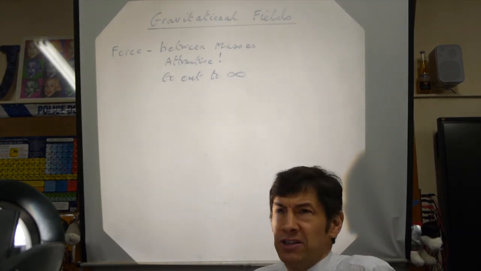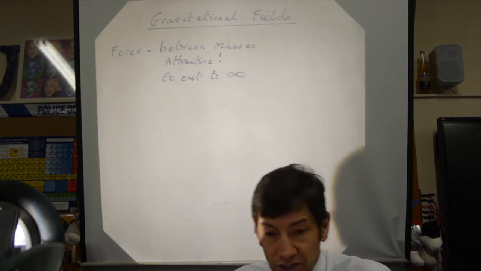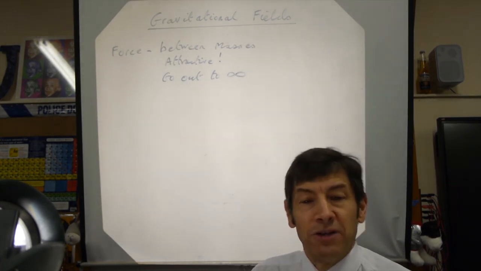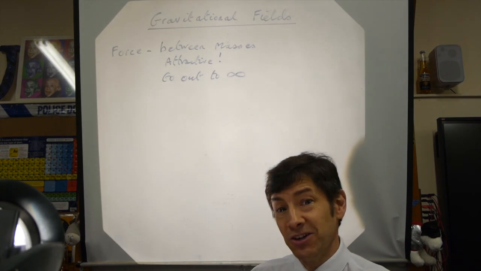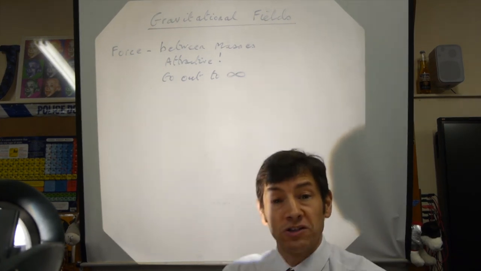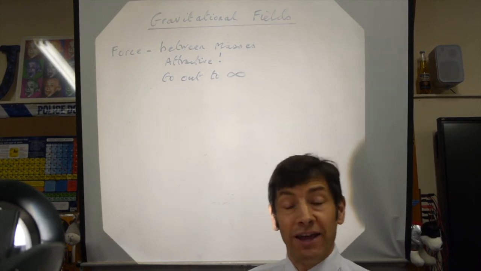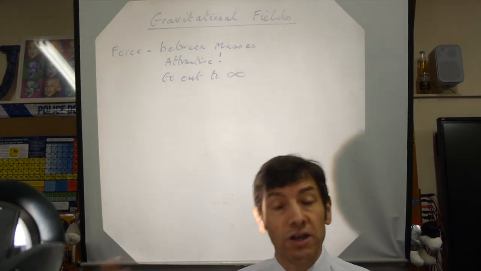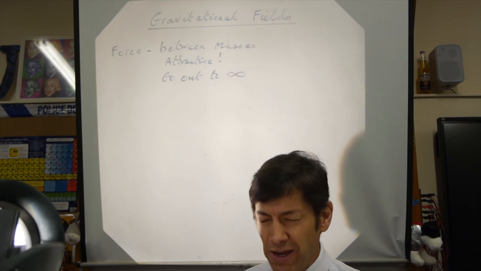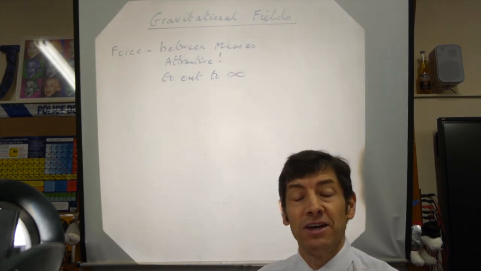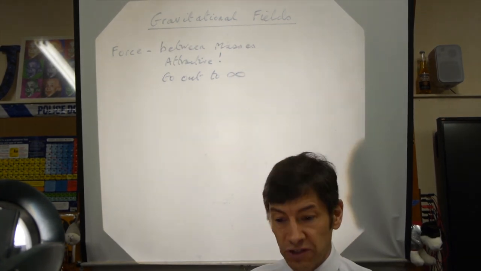You're saying, but gravity's not weak, for heaven's sake. We're stuck on the surface of the Earth. But just think about how much mass the Earth has to have to hold us onto its surface. Think about how much mass the sun has to have to hold the Earth in orbit. You need vast amounts of mass to get quite weak forces.